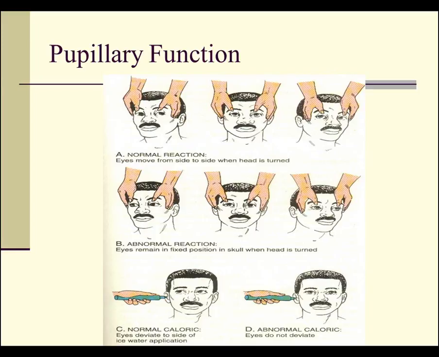A caloric test usually is done by the physician. They're not very common, but this is when they'll instill either cold water or warm water into the ear canal, and the eyes should move to the side that the water is being applied. That is a normal response. An abnormal response is if you apply the water and the eyes do not move.